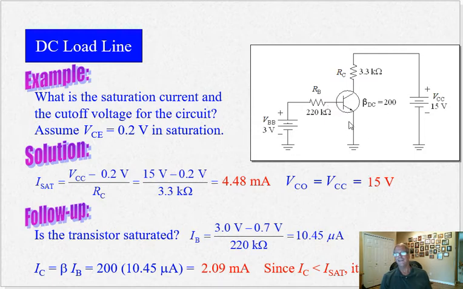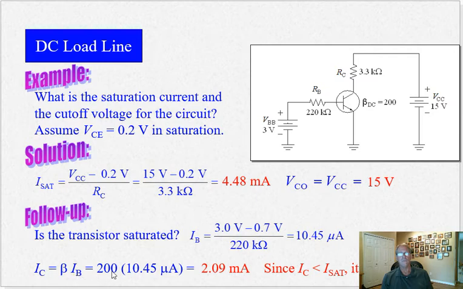It's a great way to test the transistor too. If you have a transistor, not sure it's good, hook it up to an ohm meter, put it on the diode setting, and connect between the base and emitter and see if you get a valid diode there, 0.7 volts. If you do, transistor's probably okay. Anyway, 3 volts minus that 0.7 for VBE, all right, divided by 220K, you get 10.45 microamps.